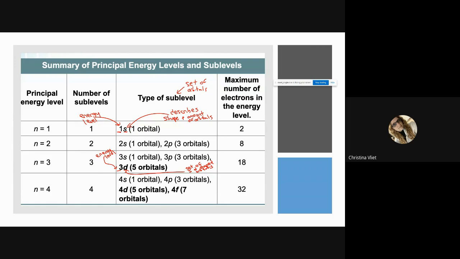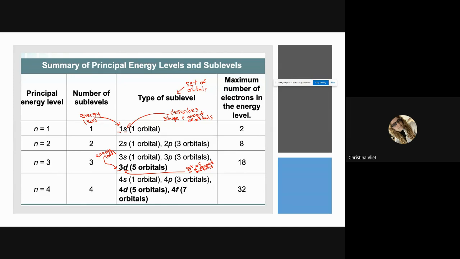Once scientists discover element 121, we're not there yet. They've only got up to 118. If scientists are able to, I don't know if it's going to happen in our lifetimes, honestly. Maybe your lifetime. If scientists are able to discover element 121, it's predicted that element 121 will fall into the next orbital that actually exists. It's called G. So I'm bringing it up because one question shows up in the homework for you to draw the pattern, so I'm going to help you with that now.